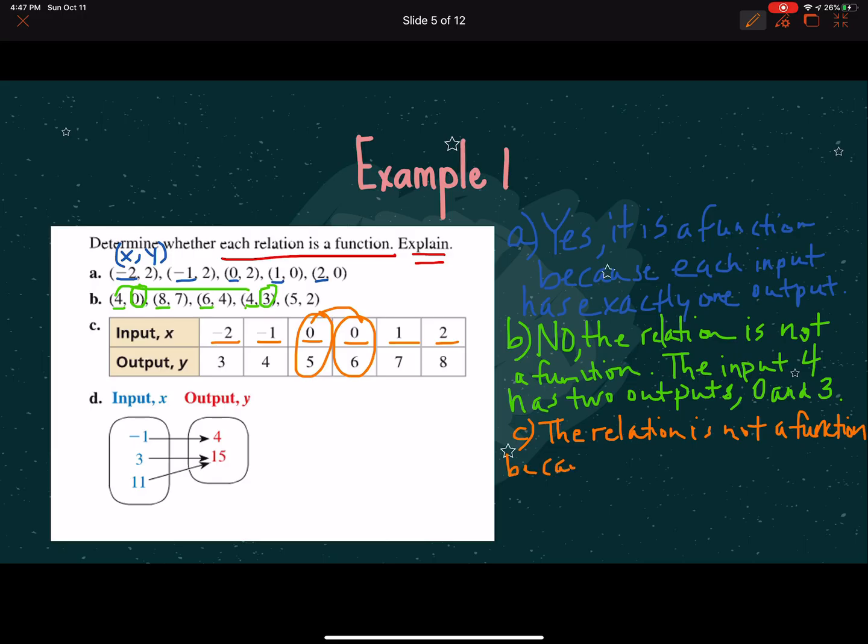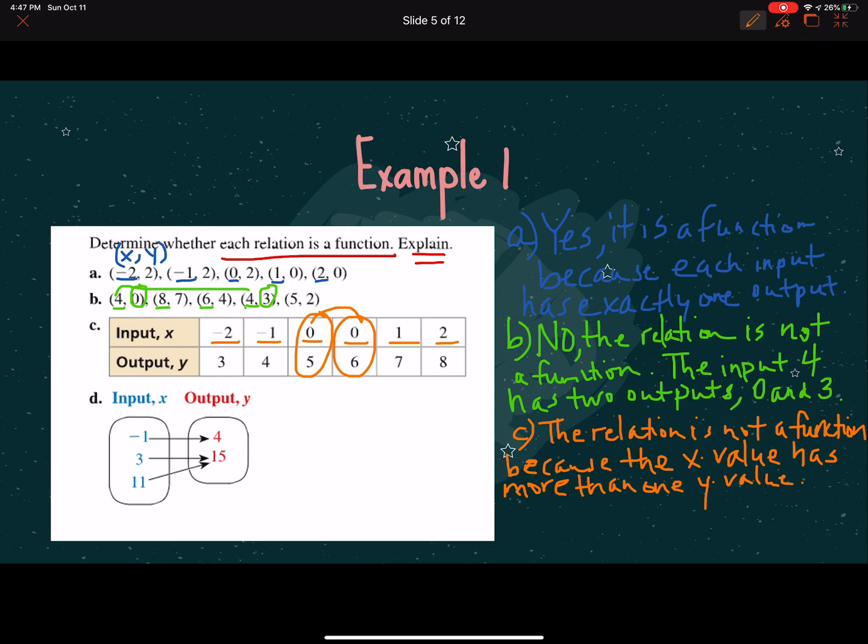Because, and what if I choose not to call it my input? What if I just say the x value has more than one y value?